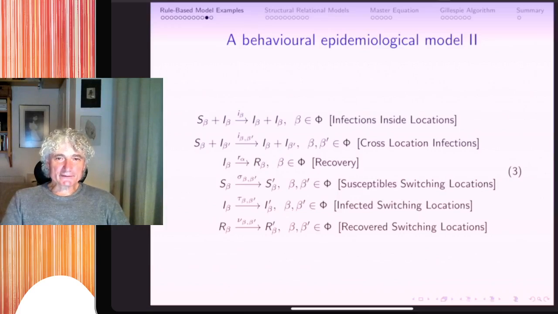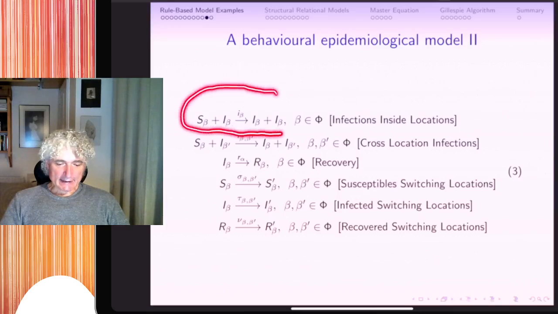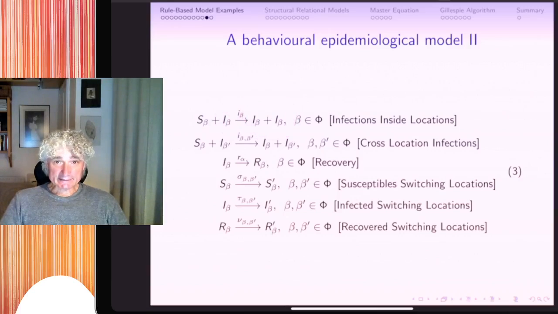So first of all, we assume that inside each of these locations there can be infections. So this is the usual SI mechanism: a susceptible individual and an infectant come together and they create two infectants. So the infectant again is, in the biochemical sense, a catalyst, converting the susceptible into an infected individual without changing its own type.